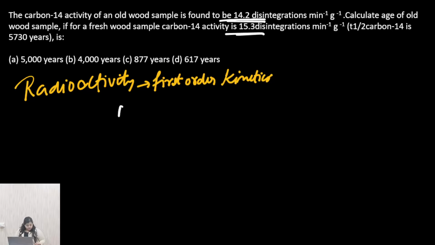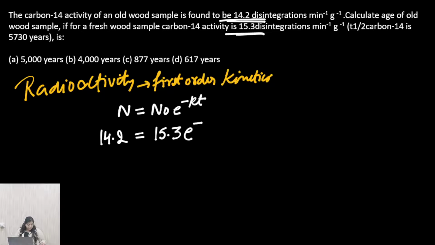So we know that N is equal to N naught times e raised to the power of minus kt. The N value we have been given, which is the remaining, is 14.2 disintegrations per minute per gram. The initial one is 15.3. So 14.2 over 15.3 is equal to e raised to the power of minus k into t.